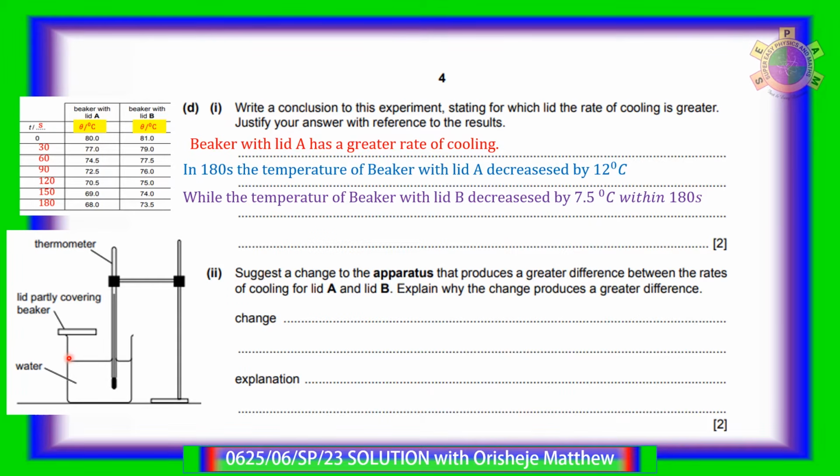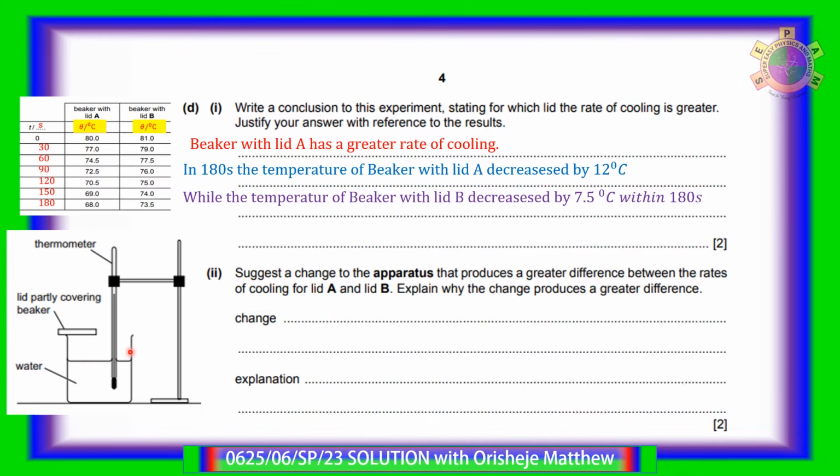Then the next thing we want to look at is what other things can make heat energy escape from this container. So we look at the modes of heat transfer. You have conduction, radiation, and convection.